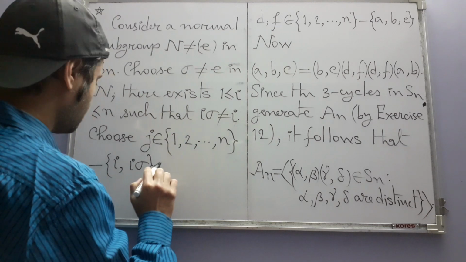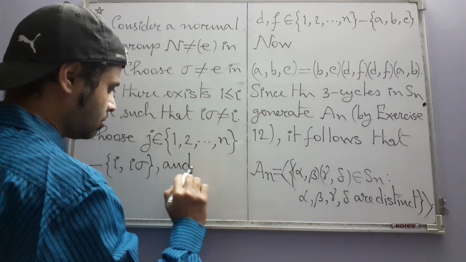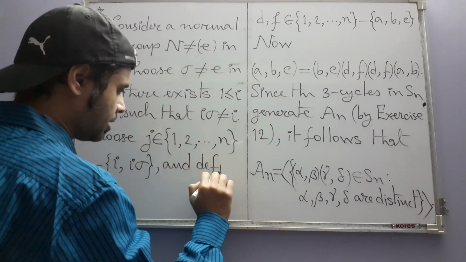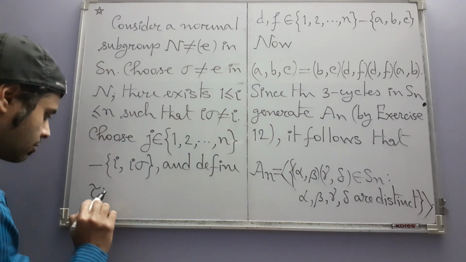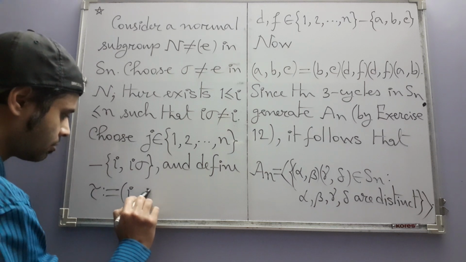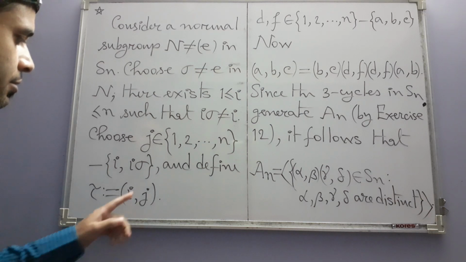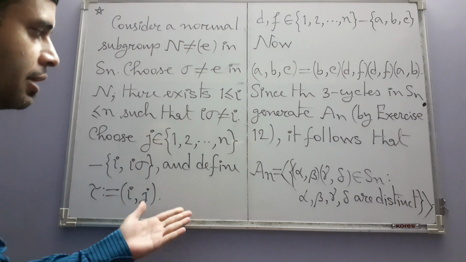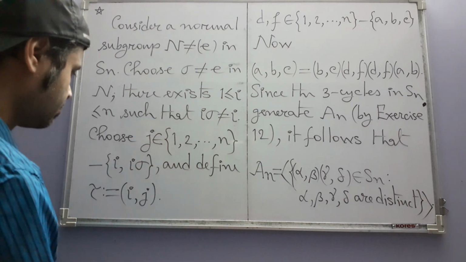Okay. And we are going to define tau to be this 2 cycle I comma J. Okay. Now we look at the product sigma inverse tau sigma tau inverse.